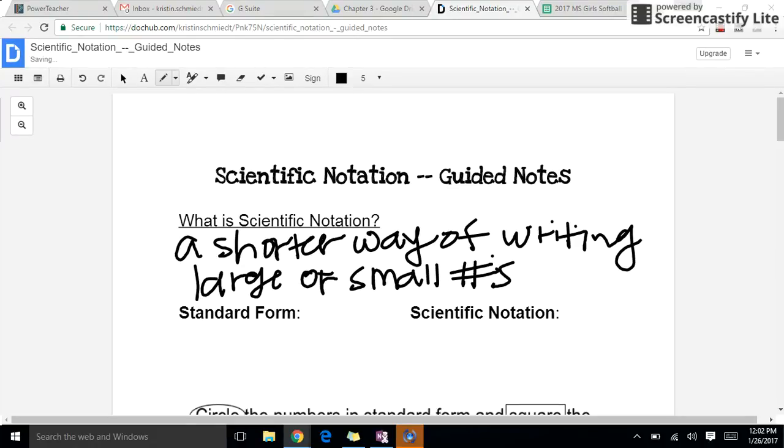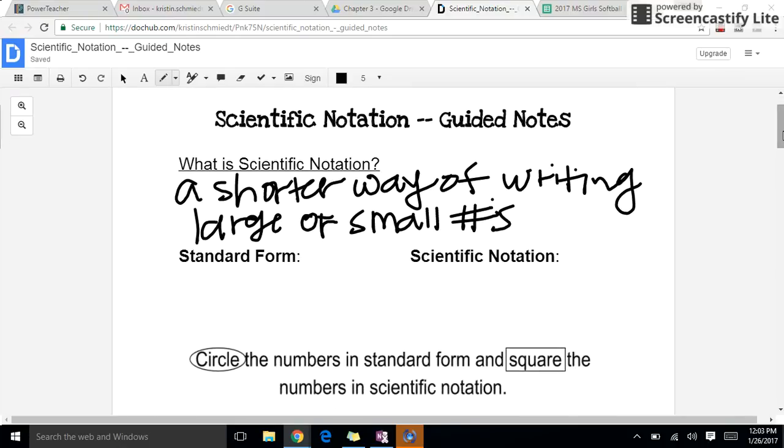Okay, so one thing to know about scientific notation is we can either have a number in scientific notation or we can have it in standard form. Standard form is just like a normal number. It can be a whole number, like 62.